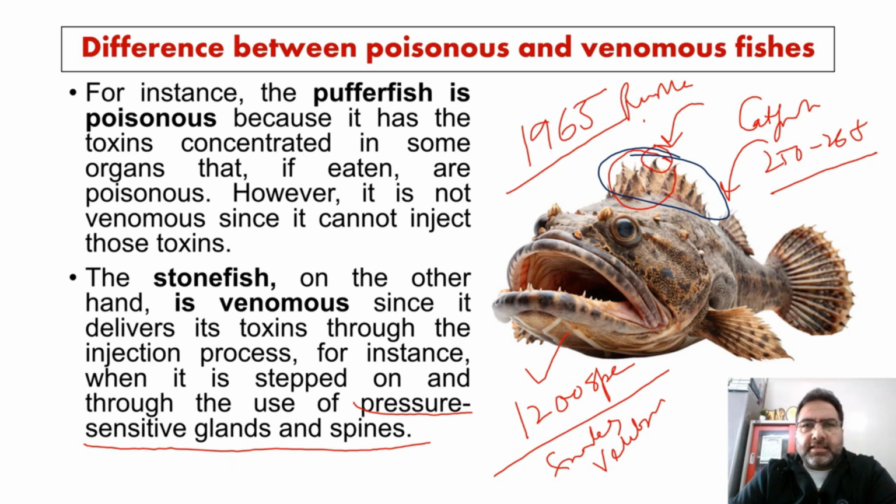A creature is deemed poisonous if it contains toxins in specific tissues or organs harmful to be ingested. In contrast, a creature is described as venomous if it possesses a particular mechanism like a bite, spines, or stings through which it delivers the toxins.